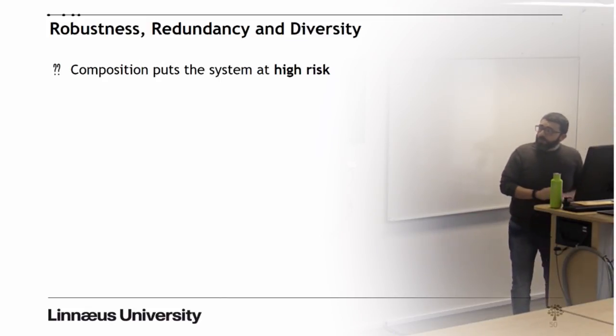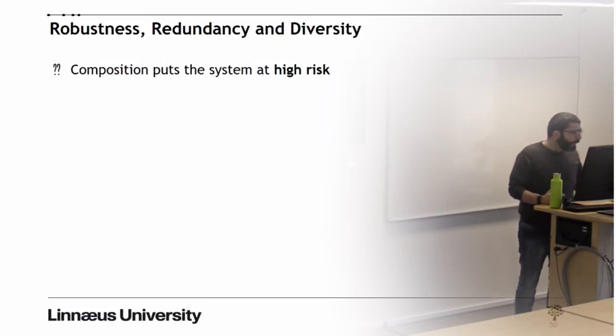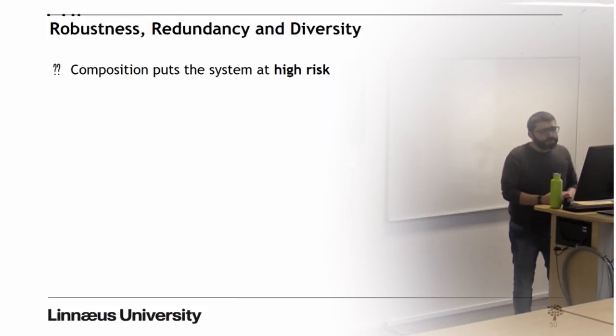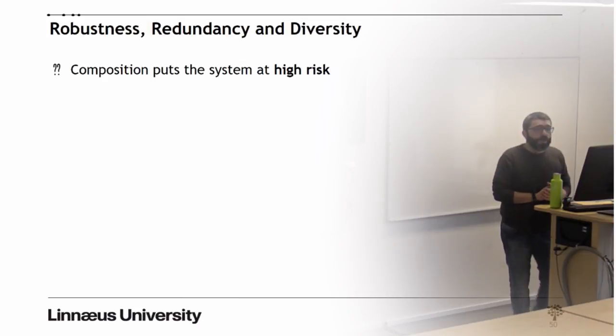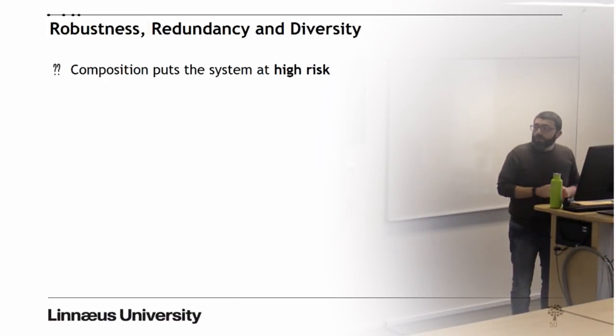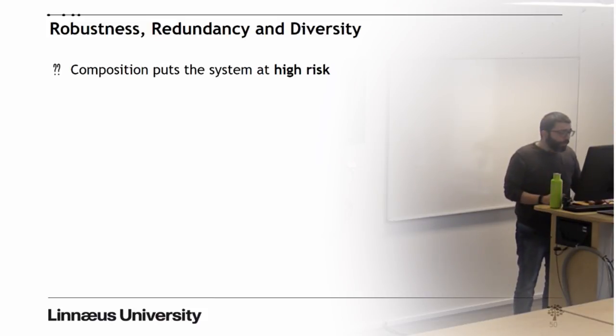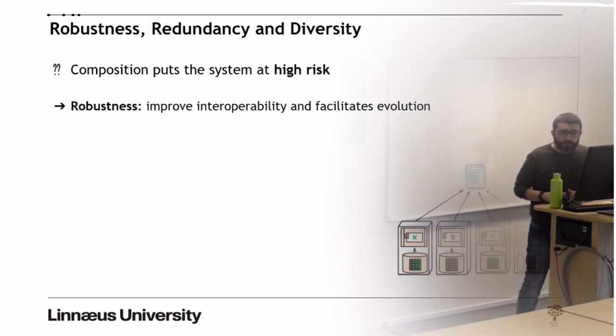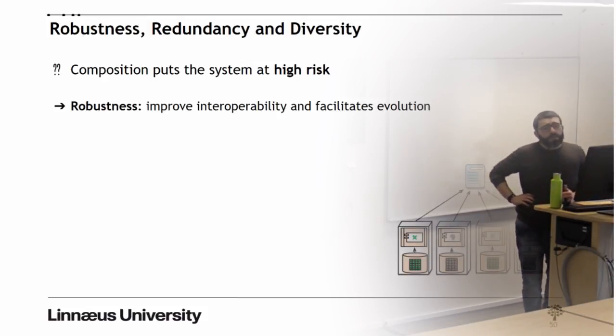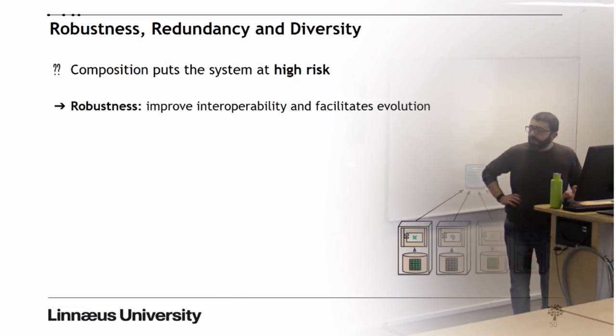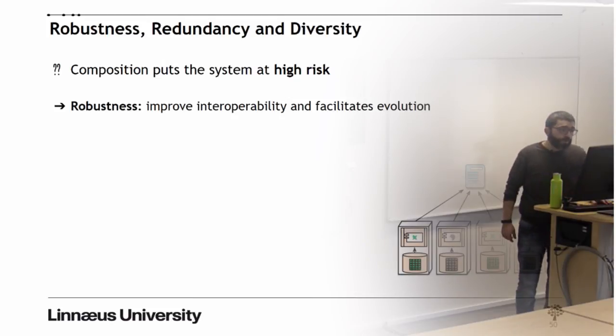Another important thing: we say that composition is a key concept in service-oriented architecture, but composition puts the system at high risk. In order to mitigate the risk introduced by composition, we need to provide robustness, to improve interoperability and facilitate the evolution of the system.